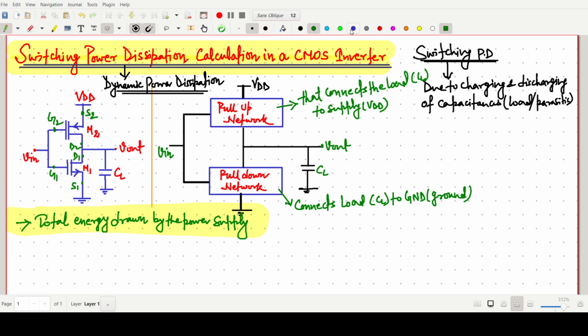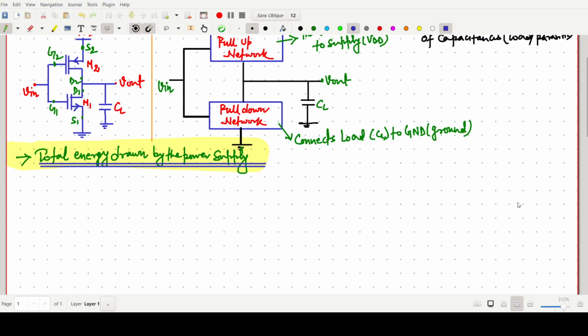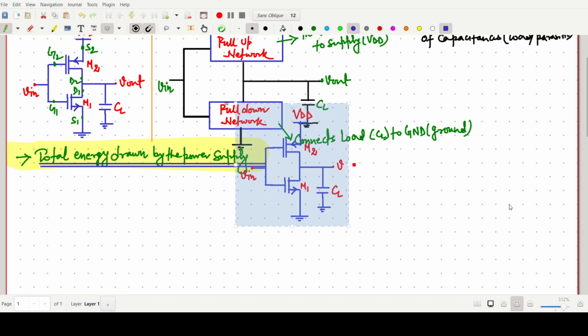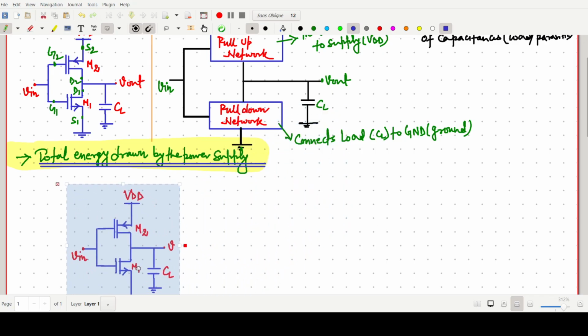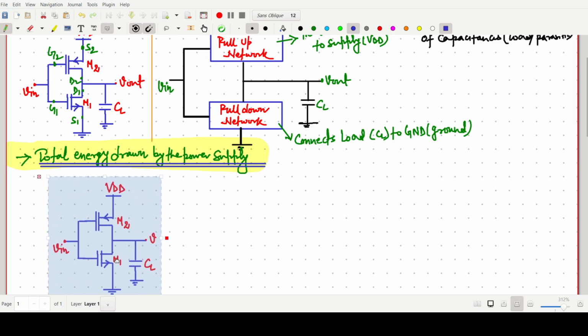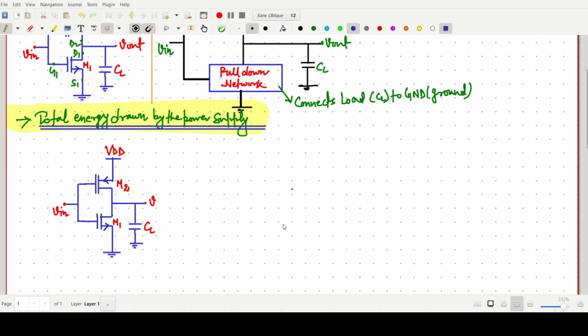For this purpose, I am just taking the same inverter here, and this one is our V output.